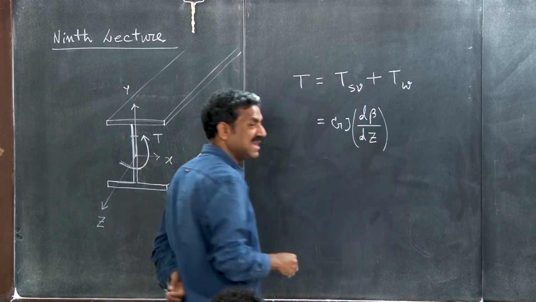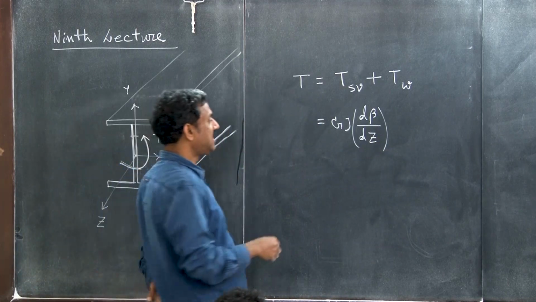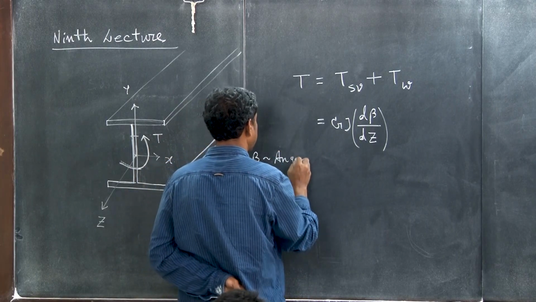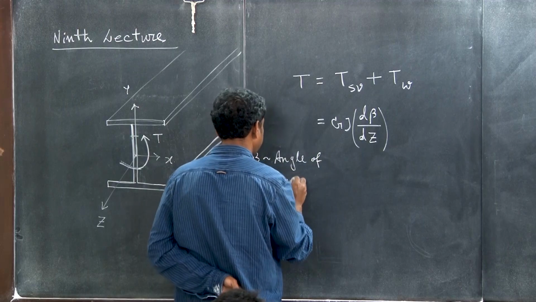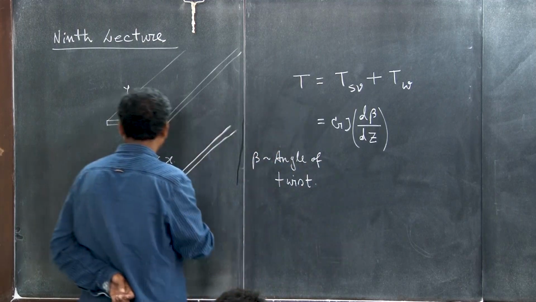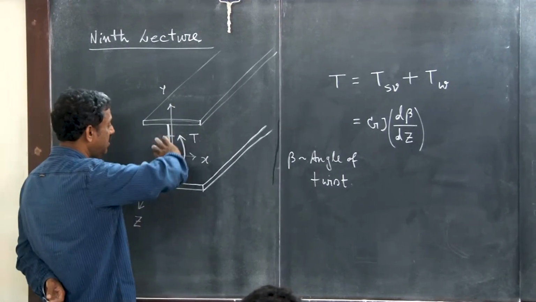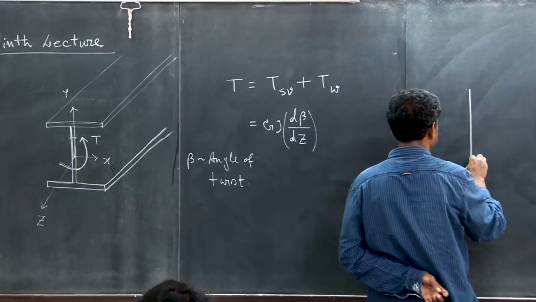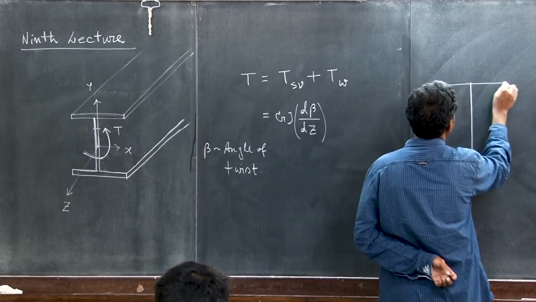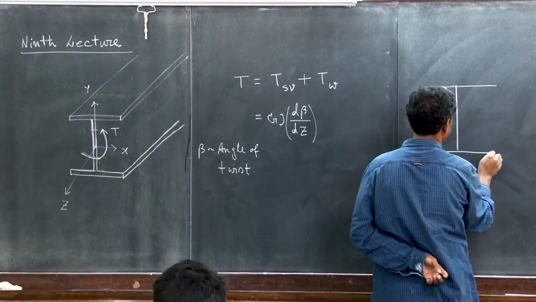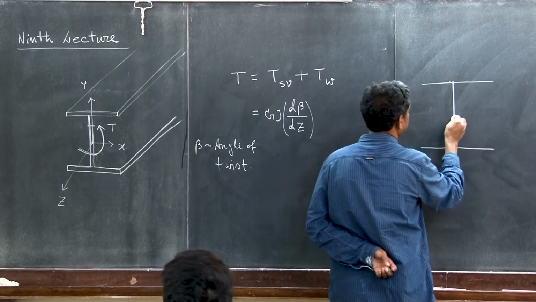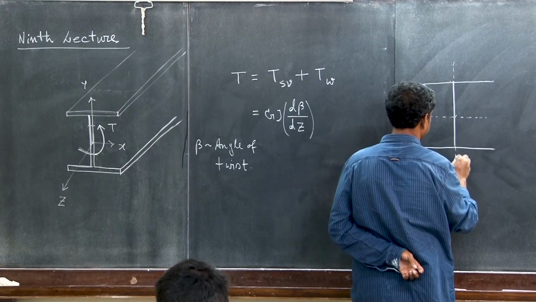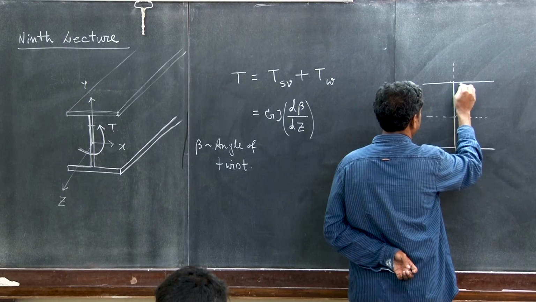J is the Saint Venant torsional constant and beta is the angle of twist. When it is twisting, the section looks something like this.